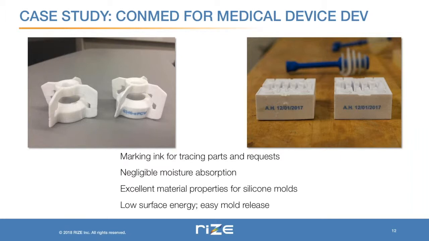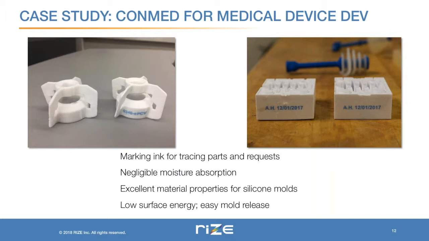So here is a case study of one additive lab that has been using the Rise 1 for some time, and some of the greatest values that they've found in using the Rise machine is the usefulness of the marking ink, which allows them to easily trace parts and the requests that they receive.